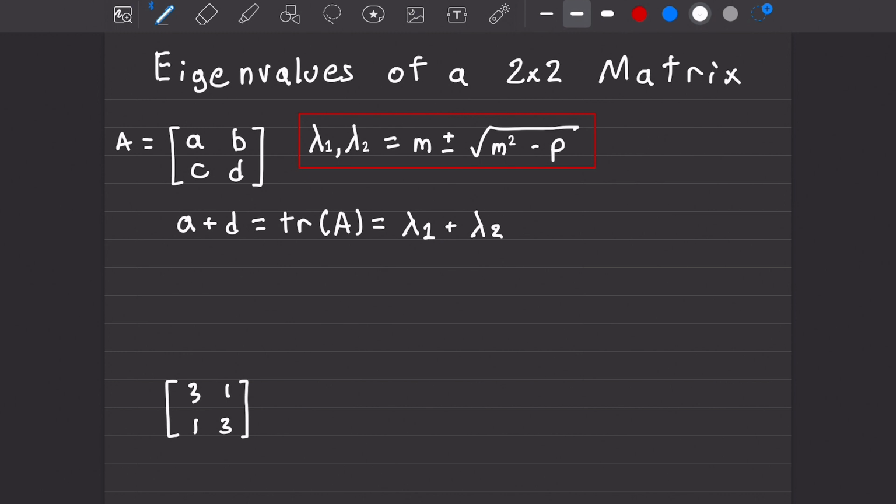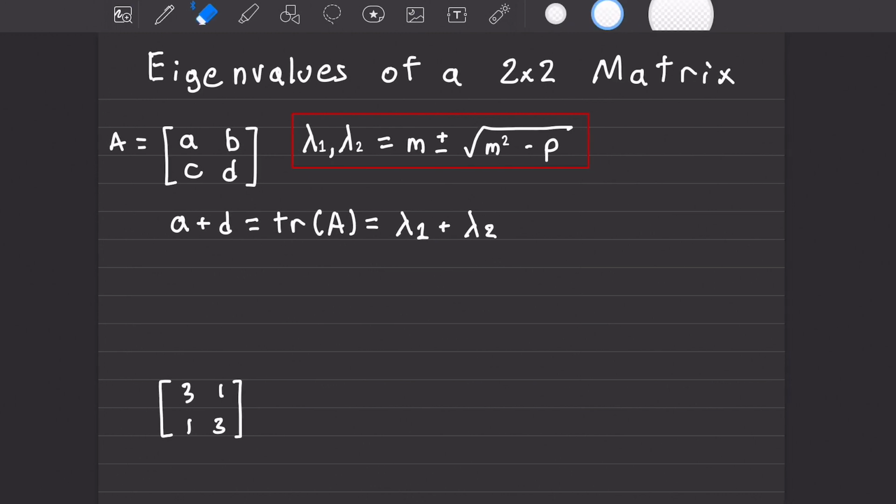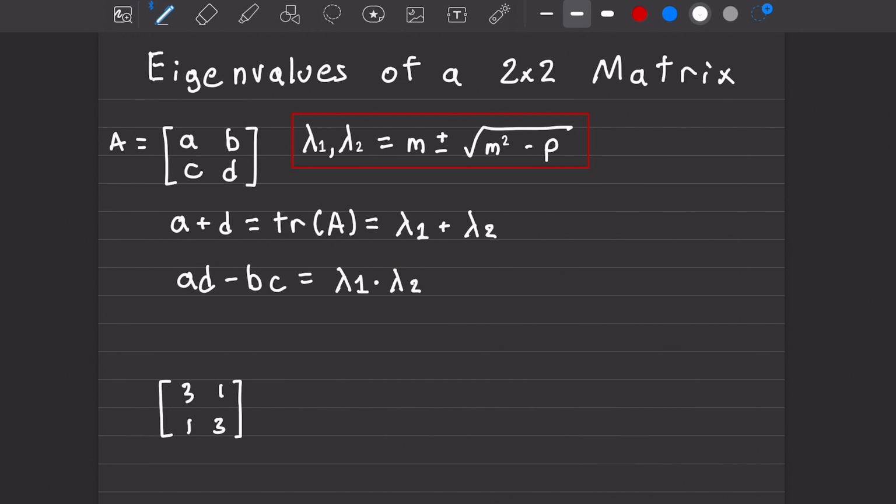So writing that out again, we have that AD minus BC is going to be equal to, which one is it? Yes, it's going to be equal to lambda 1 times lambda 2, right?